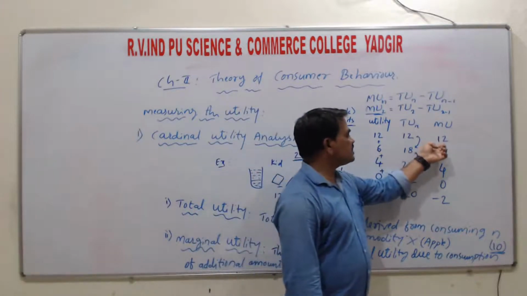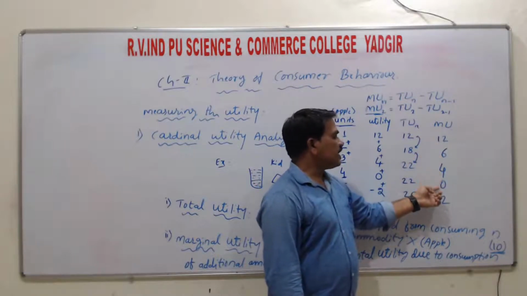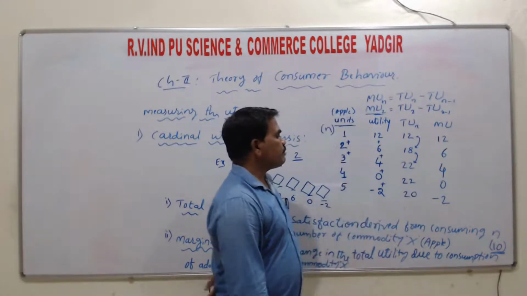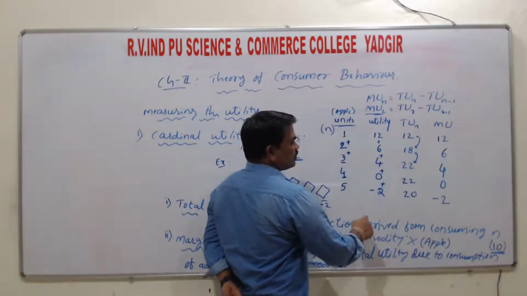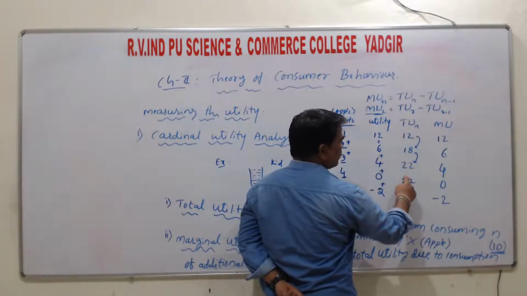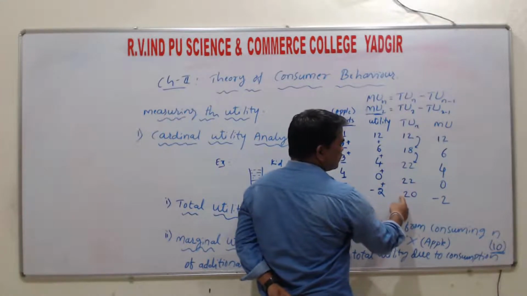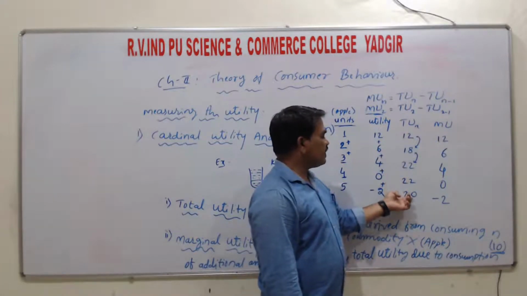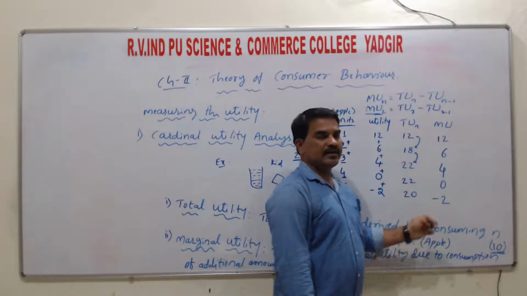The marginal utility starts decreasing from 12 to 6, 6 to 4, 4 to 0, and again it started going negative. So when the total utility remains constant and then starts decreasing, that time the marginal utility goes negative.